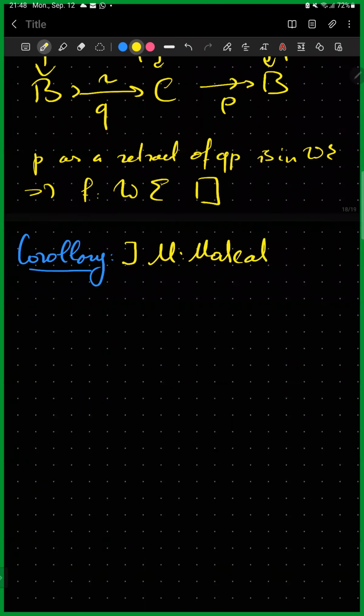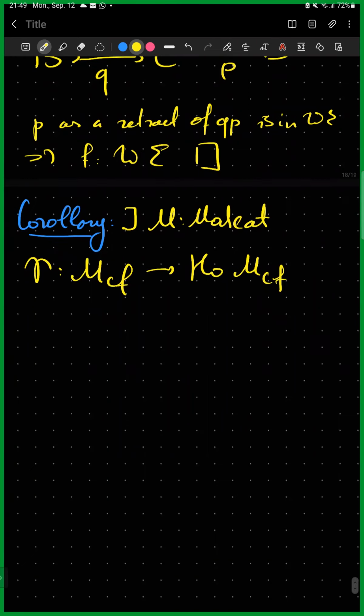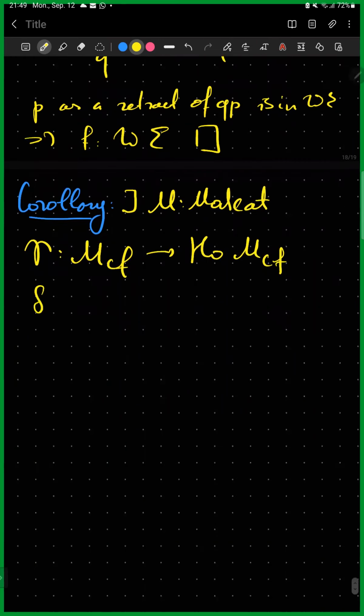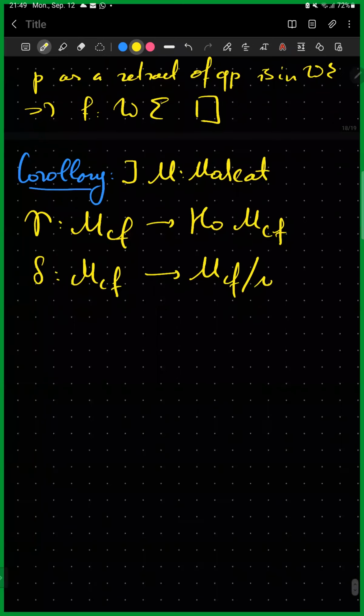Let M be a model category and consider the functor gamma, which goes from MCF to the homotopy category of MC. Recall that MCF is itself a homotopical category, thus the homotopy category is defined. And delta is a functor which goes from MCF to its quotient by homotopy equivalences.